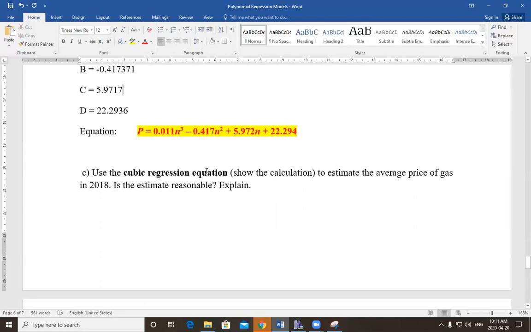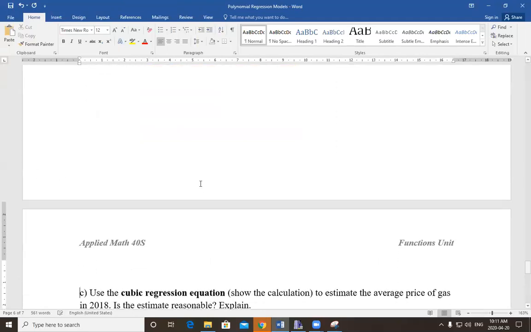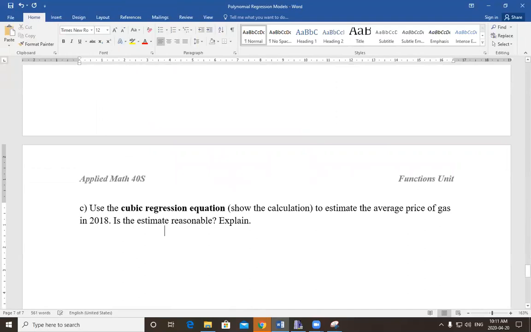We used the cubic regression equation to estimate the price of gas in 2018. Is the estimate reasonable? Explain. Okay, so to get the gas price in 2018, actually let's change it to 2020. So gas price in 2020, that is our y value. So we need to know x, which is the number of years after 1979.